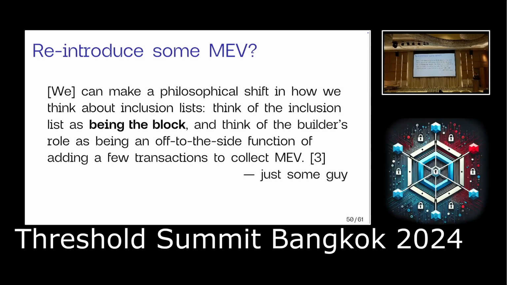And it's kind of a simpler version of shadow blocks because inclusion lists do not guarantee order and currently do not support encrypted transactions. But what this person said is that we could consider that actually the inclusion list is the bulk of the block, it's the real block in a sense, and the area where the block builder can add some transactions to extract MEV is actually a smaller part of the block.